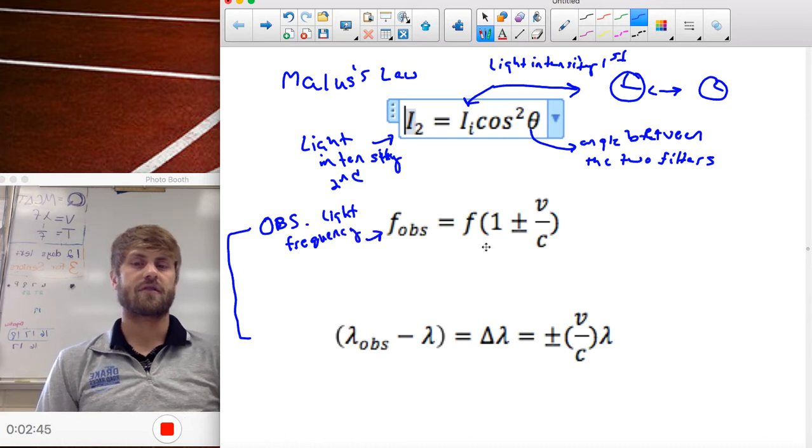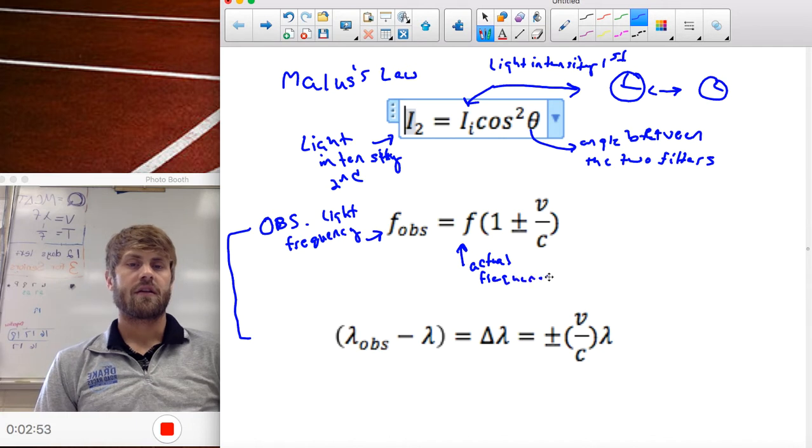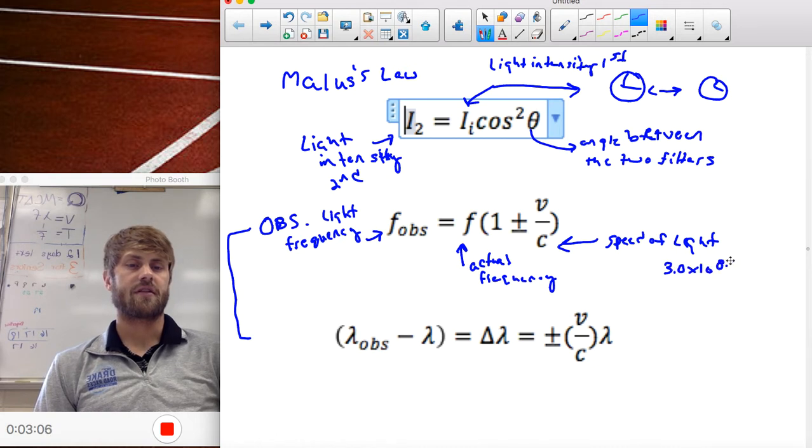So the frequency you're going to observe is going to be equal to the actual frequency. And then C is speed of light. And we have a constant for C, so that's always going to be the same, 3.0 times 10 to the 8th meters per second. And then the velocity is the relative velocity.